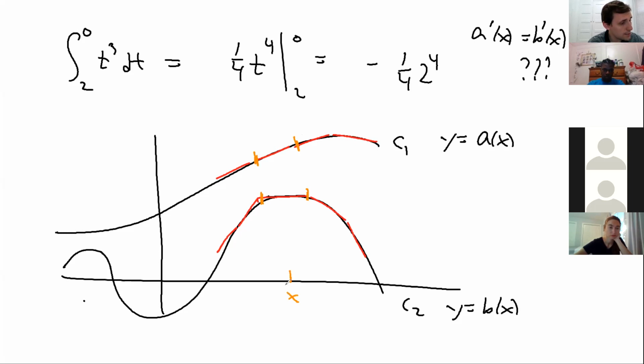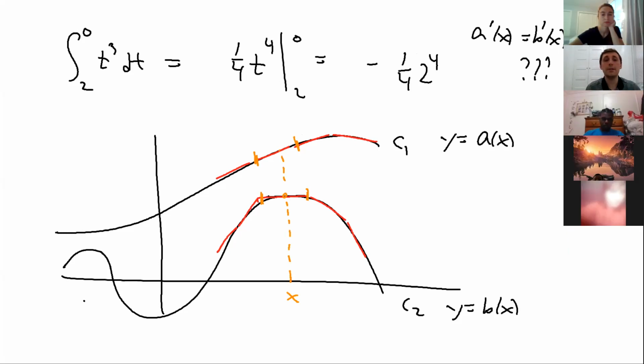So for this x, we have this line segment for B, and we have this line segment for the curve A. You agree? And those line segments are not oriented the same way. Do you agree? One is steeper than another, so their slopes will not be the same, and therefore the derivative, which represents slope, will not be the same.